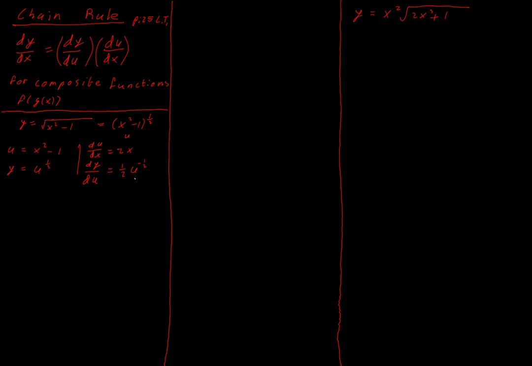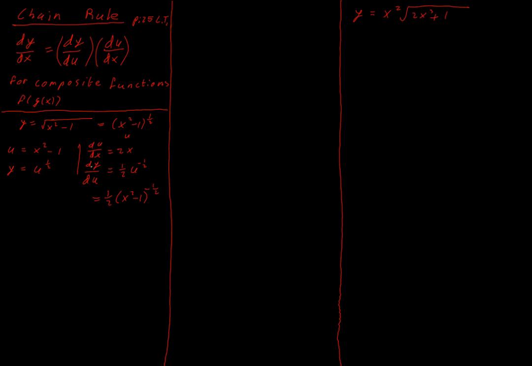Now, I want to sub back in what my u was, so that I'm working everything in terms of x again, because u is just a substitution that makes differentiation easier. It's not the variable I want to be working with. So this is going to be a half on u, which is x squared minus 1, all to the power of minus a half.